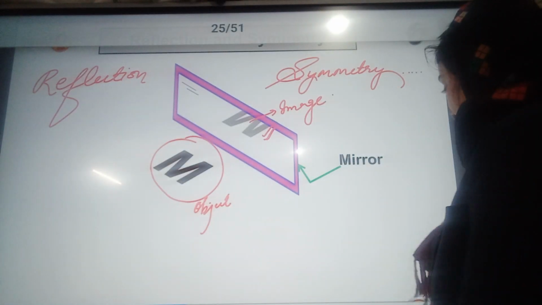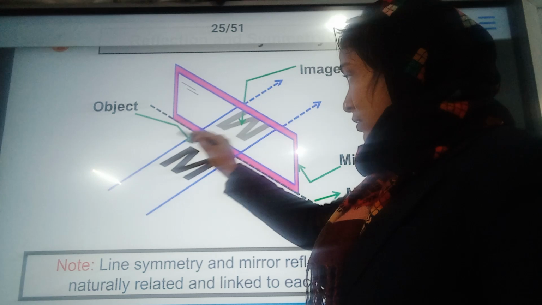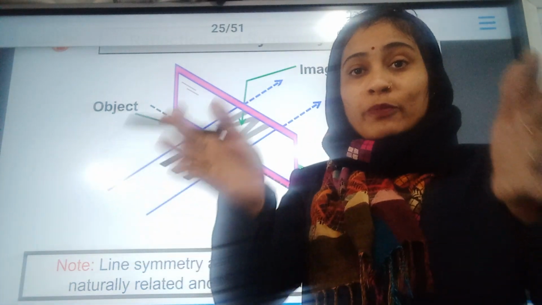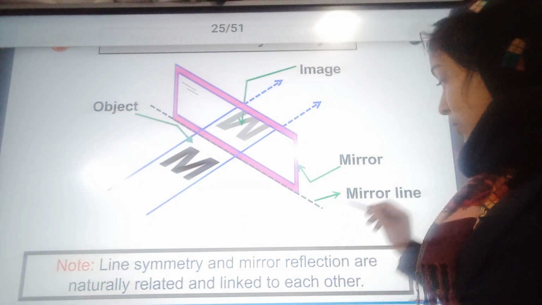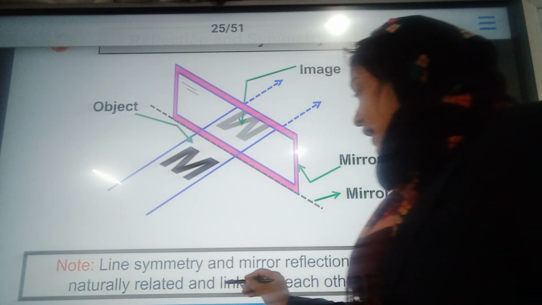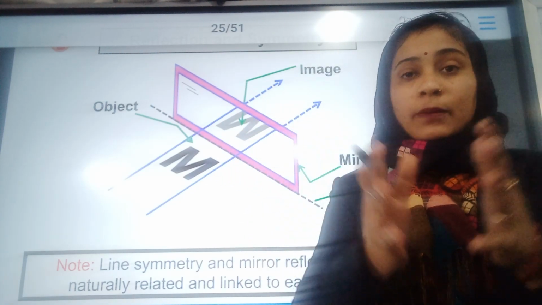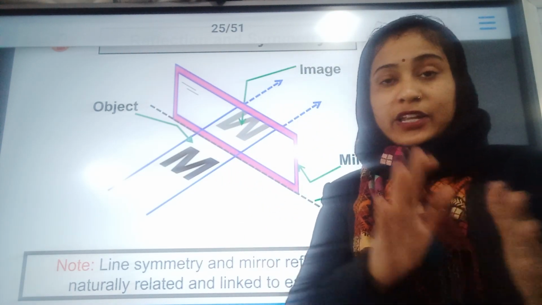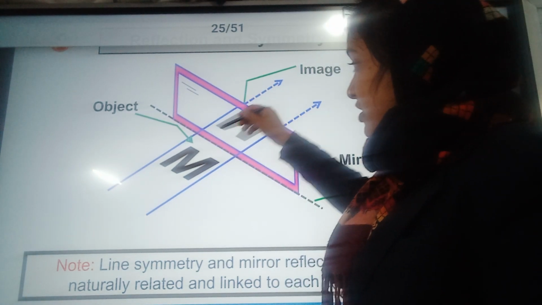So we can say that line symmetry, when we were folding objects about a line, and mirror reflection are naturally related and linked to each other. There also, when we folded about a line, we got two identical parts, and here also, it is reflected about this black dashed line.